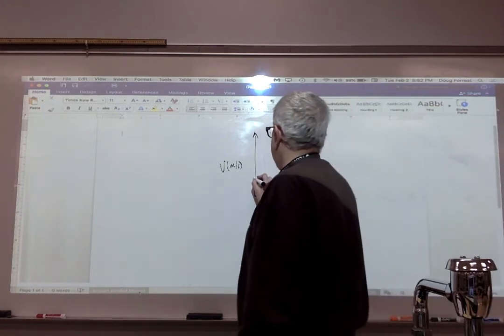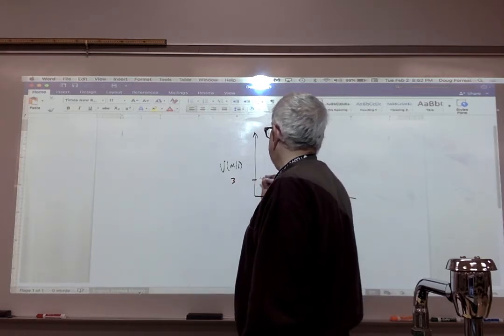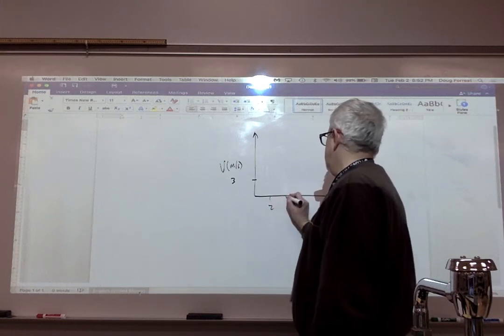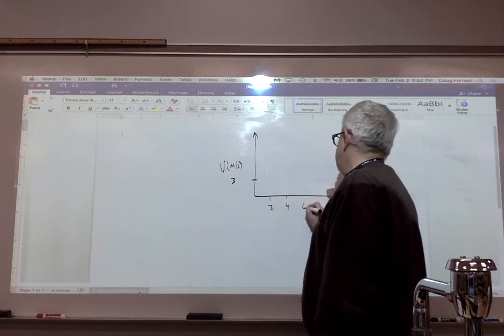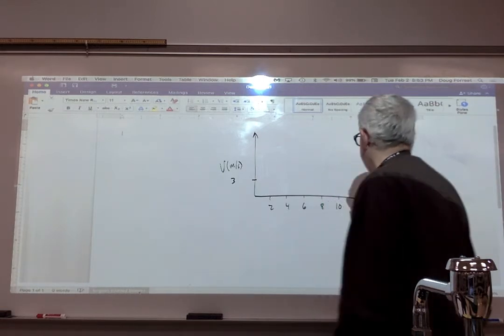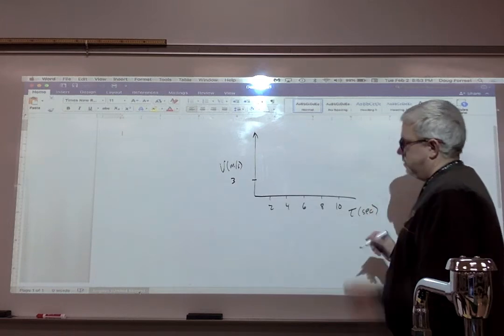And let's say I've got a constant velocity here initially of, say, 3 meters per second. That's going to be 2, 4, 6, 8, 10. These are times in seconds.